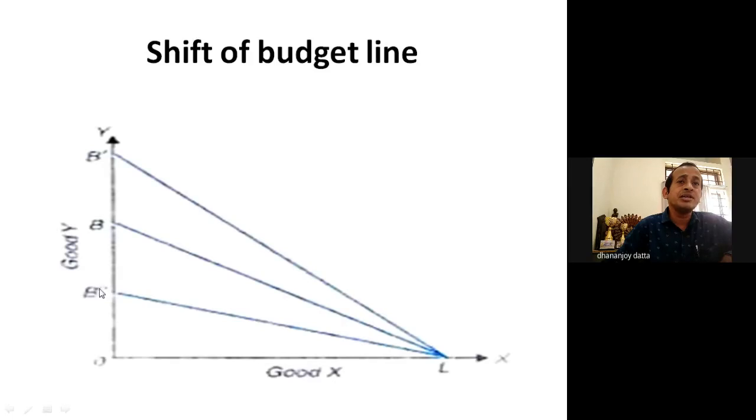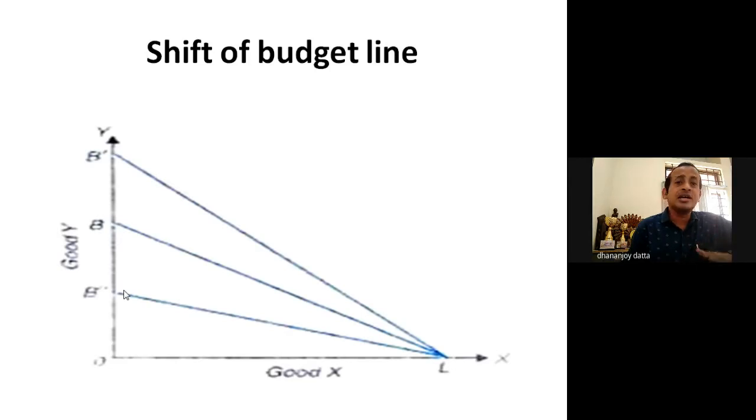We are assuming it is B double dash, and the budget line will take place like this, B double dash L. So there is a downward movement due to the decrease in the consumer income. The consumer is willing to purchase less amount of the good Y due to the decrease in the income. Here we need to assume other things are constant or remain the same. Now this is basically the shift of the budget line.